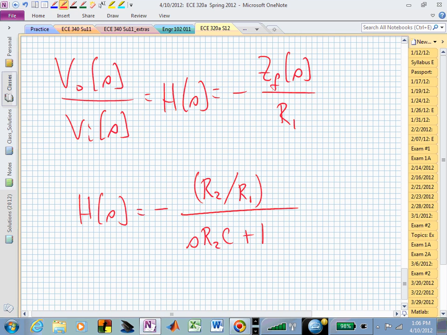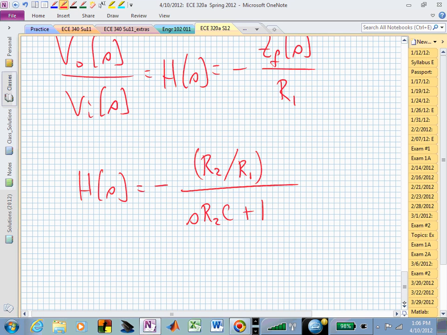And that's now my transfer function. And if I didn't like that minus sign, I'd maybe put this into an inverter circuit. And then I would not have to worry about that minus sign, and I would simply have a transfer function H of S that didn't have that minus sign in it. Is that okay? So I'm going to play fast and loose with that minus sign. I'll probably just neglect it.